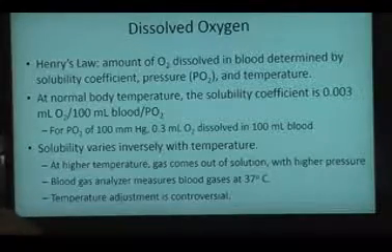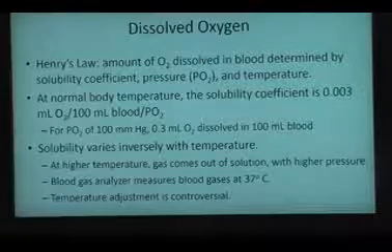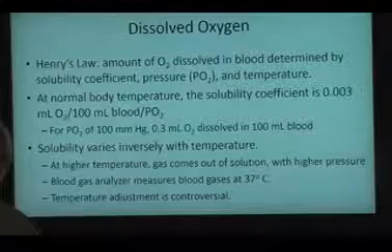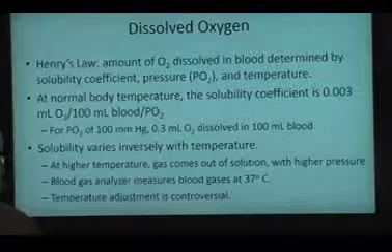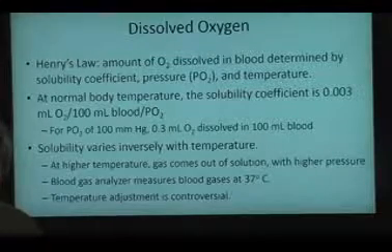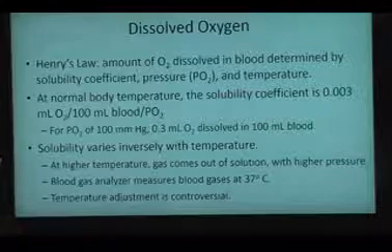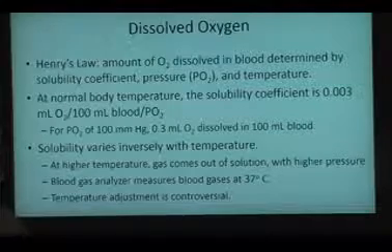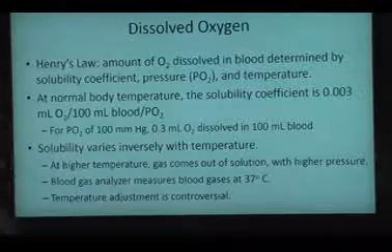Now, there are algorithms that are actually built into the blood gas analyzer so that it's possible to correct or to adjust the blood gas to the patient's actual temperature. And that is controversial, actually, as to whether one should use that or not.